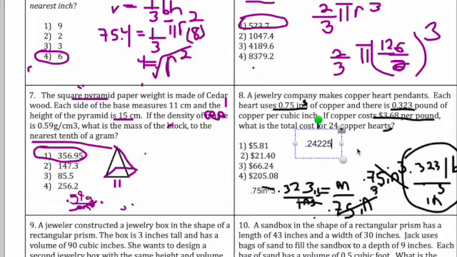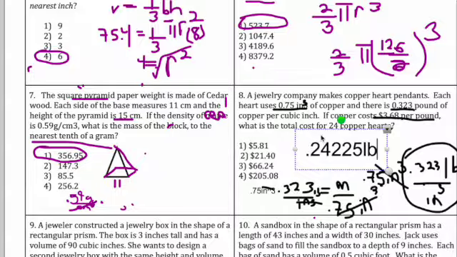That's the mass for each pendant, and we want 24 pendants, and this is the cost per pound. If copper costs this per pound, and each pendant is this amount of pounds, what is the total cost for 24 pendants?